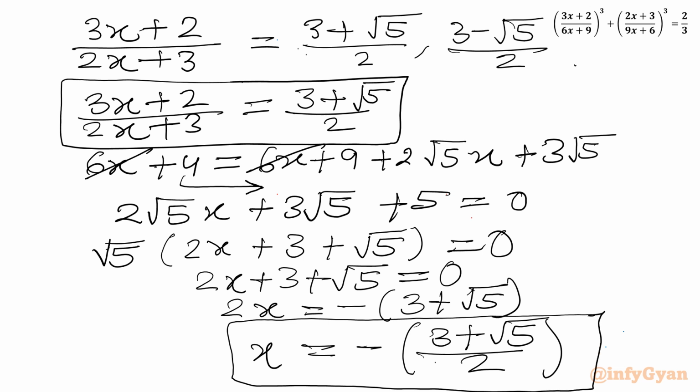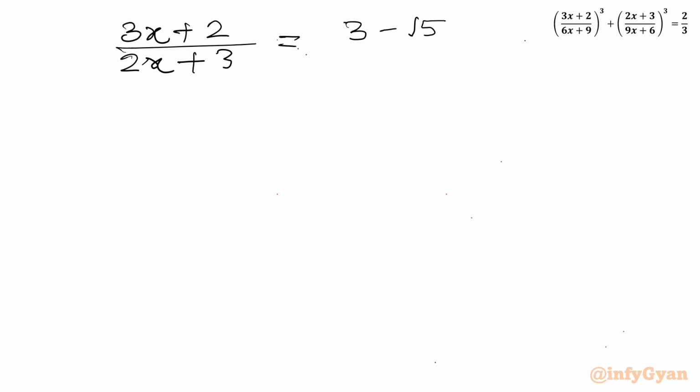Now let us solve for the value of 3 minus root 5 over 2. So I will write here 3x plus 2 over 2x plus 3 equal to 3 minus root 5 over 2. Let us cross multiply.